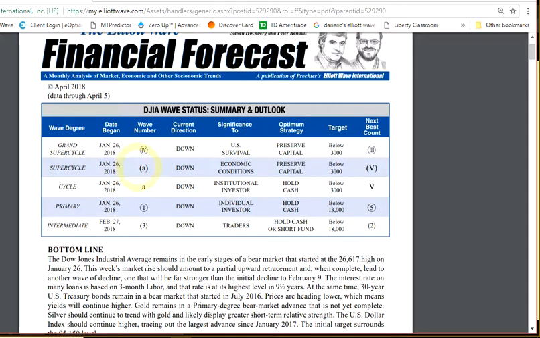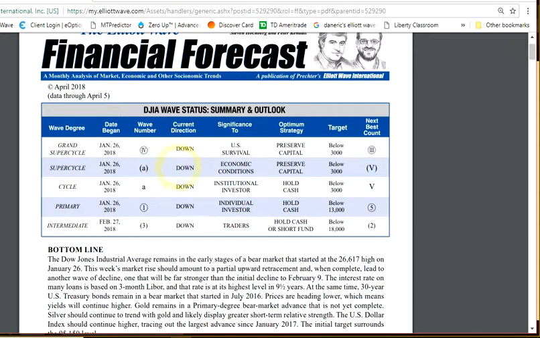So suffice it to say, the only point in bringing all this up is that when you're completing a larger 5-wave move, the correction, which is a correct term, is going to be in line with the run up. If we had a grand supercycle degree run up, then we're going to have a supercycle degree correction.